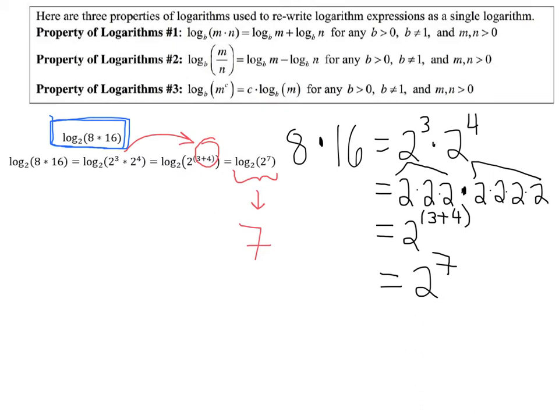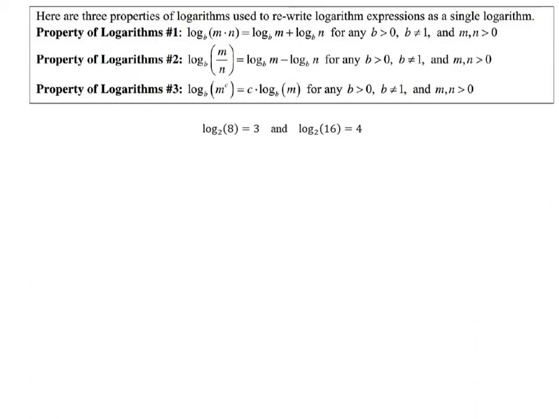Now, for those of you who are observant, you might see how we can express 3 and 4 using logarithmic notation in this problem to arrive at 7 as an answer. Note that log base 2 of 8 equals 3 and log base 2 of 16 equals 4.